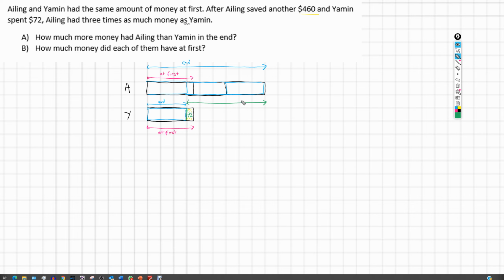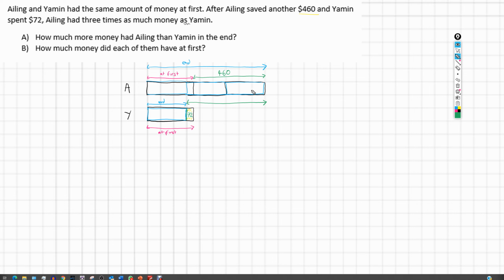Well, let's put in the amounts of money. We've already put in the 72, okay, that was spent by Yamin. What we haven't done is put in the money that Ailing saved. Okay, and so that is 460. So this amount was saved.